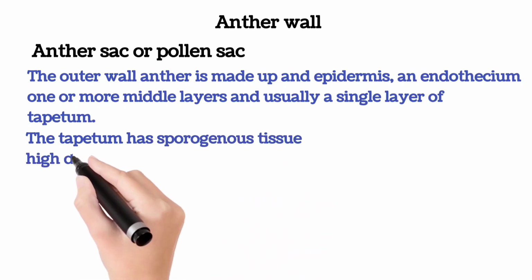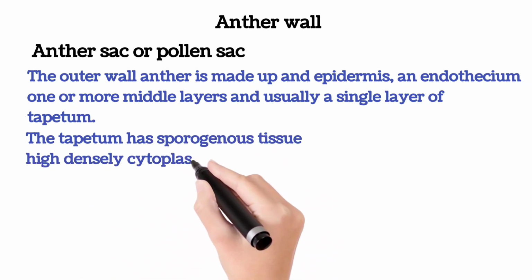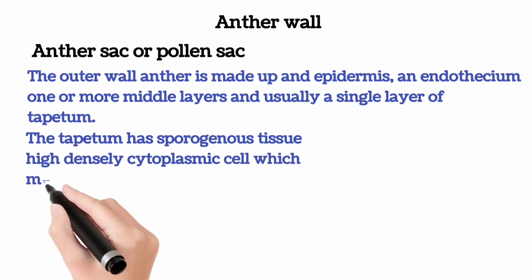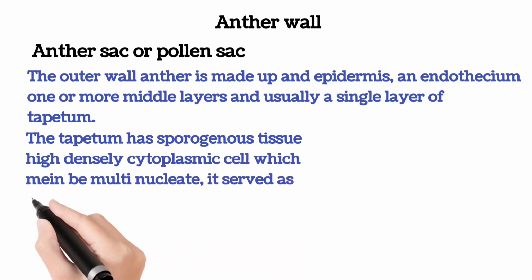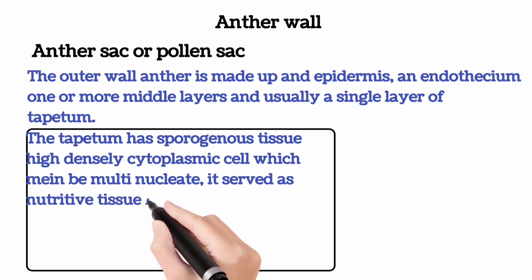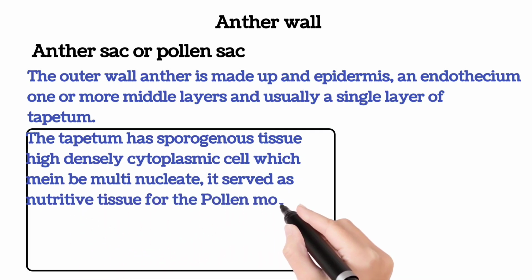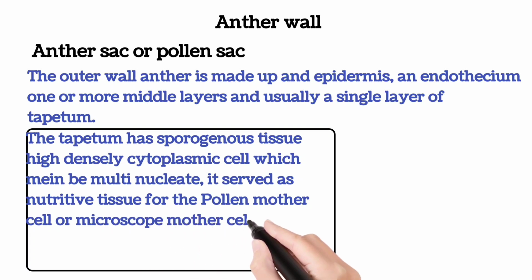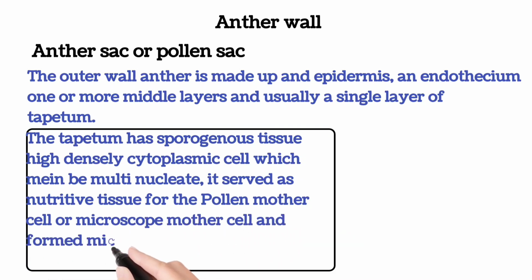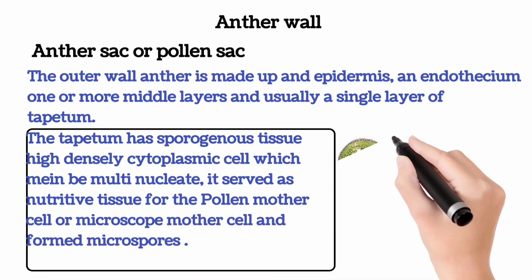Tapetum has sporogenous tissue, highly dense cytoplasmic cells which may be multinucleate. It serves as nutritive tissue for the pollen mother cell or microspore mother cell, which forms microspores.